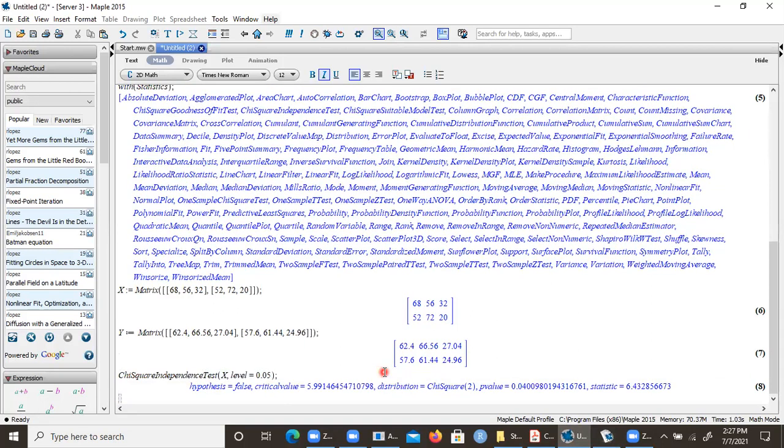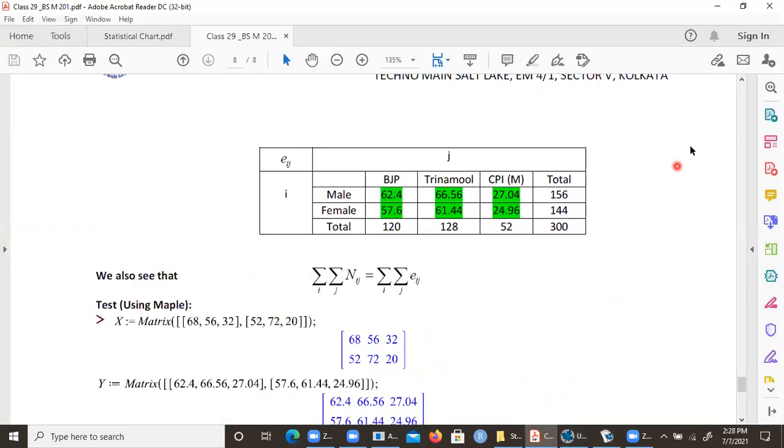Now if I click on it, what you can find is that the critical value comes out to be 5.99. The chi-square degree of freedom is 2. Why is it 2? Because the degree of freedom of the chi-square statistic, according to the theory, since we have two numbers, R and S, in this contingency table, is given by the formula (R minus 1) into (S minus 1).